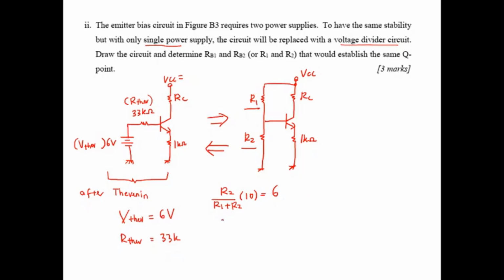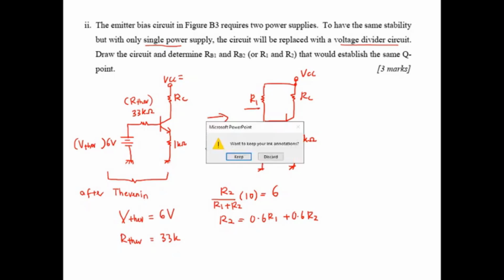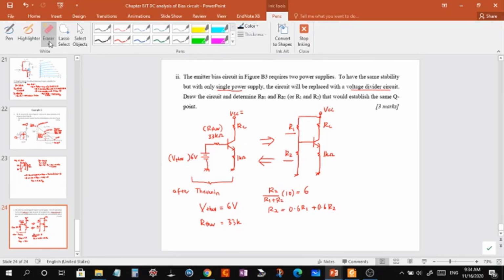So this is our first equation. You get R2 equal to 0.6 R1 plus 0.6 R2. Let me change how we calculate this instead of using this approach.